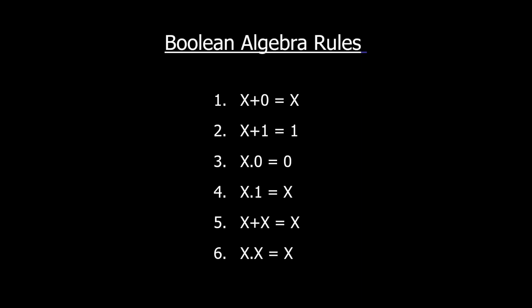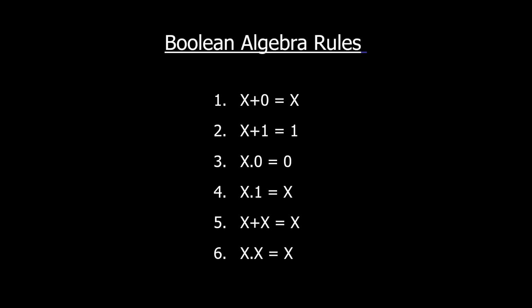Therefore, if x is 0, in that case 0 OR 0 is equal to 0. On the other hand, if x is equal to 1, then 1 OR 0 is equal to 1. Similarly, if you look at the second rule, x OR 1 is equal to 1. Here also we can input values to x and see what happens. If x is equal to 0, then 0 OR 1 is equal to 1.